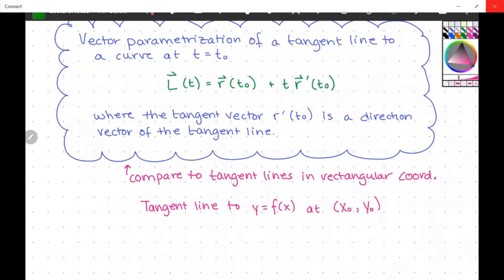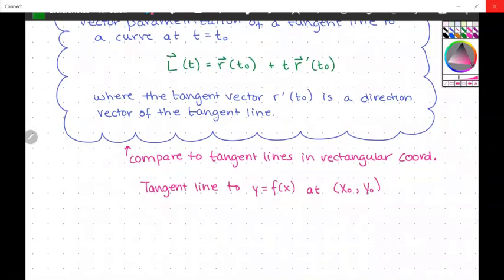That's where we started using point slope form a lot. So the tangent line in point slope form: y minus y naught is m times x minus x naught. You pick a point on the curve, and we already know a point on the curve, x naught, y naught.